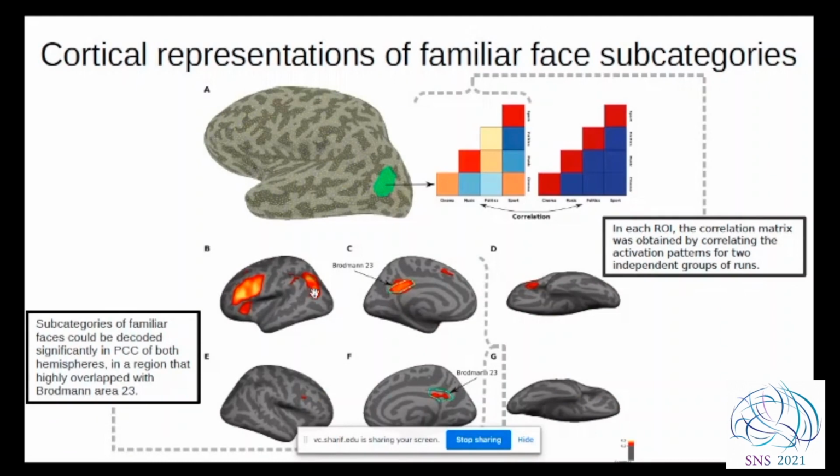We also found 2 other spots in posterior parietal cortex and also in lateral prefrontal cortex. I should mention that Brodmann area 23 is one of the main subdivisions of posterior cingulate cortex. And also the activations were stronger in left hemisphere again.